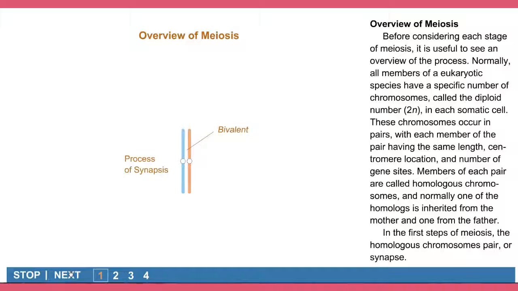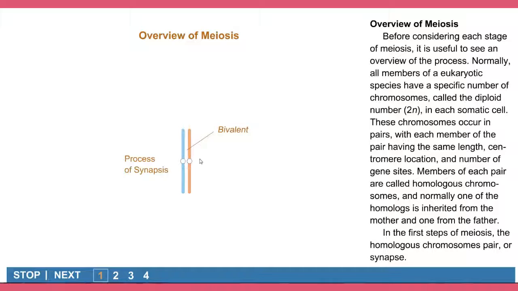Now, during the first part of meiosis, the very first stage in prophase 1, the 2 chromosomes are going to line up and synapse with one another. Based on DNA sequence, they're going to line themselves up together.